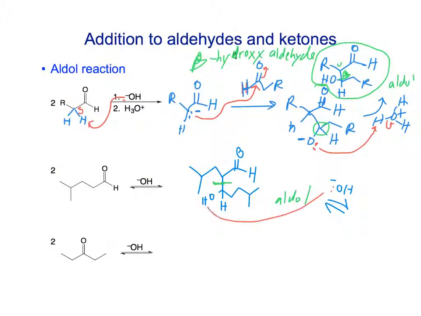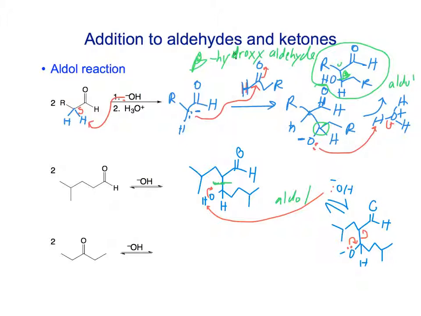But this could pull off this proton to make the O minus. Minus our H. And from there, it can just go exactly backwards. These electrons can go down to here to reform the aldehyde.